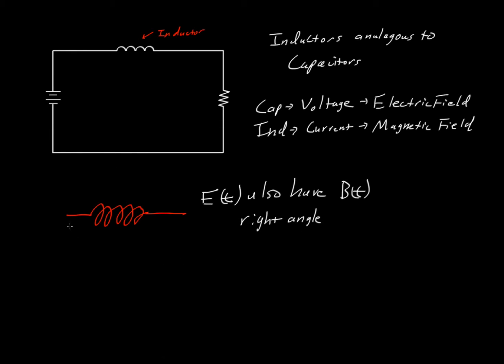So in the case of this coiled wire, anytime you have a current flowing through this wire, you're going to have a magnetic field at 90 degrees to it. In this case, it's going to be going around the wire.